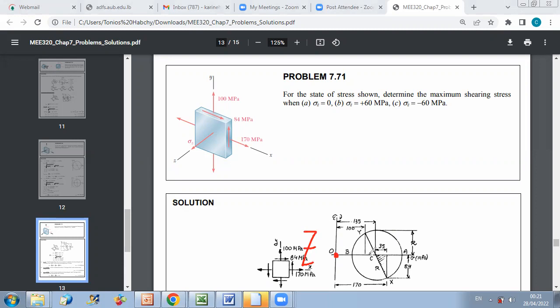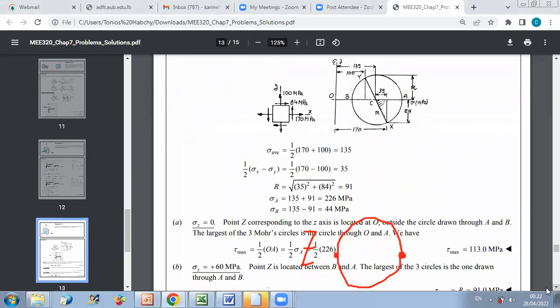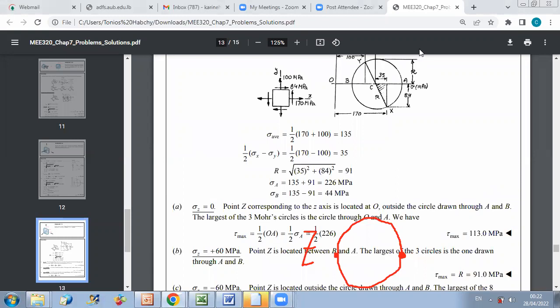And as you can see, then the maximum shear stress corresponds to circle OA. And then I just have to say that tau max is equal to the radius of the circle, which is sigma A over 2. Of course, first to be able to calculate sigma A, I need to perform the calculation of the radius. So I do sigma average.